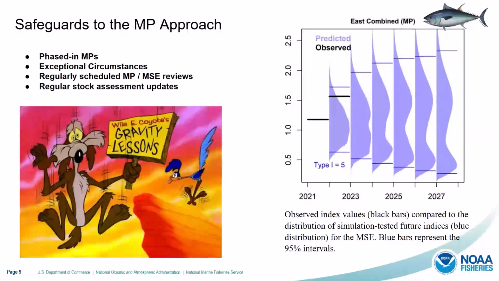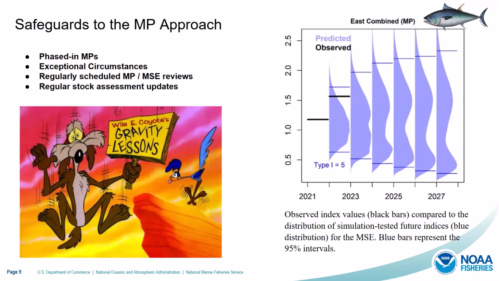One action that could occur as a result of exceptional circumstances is to trigger an MSE review or a management procedure review. These should all be regularly scheduled on the order of every 7 years or so.